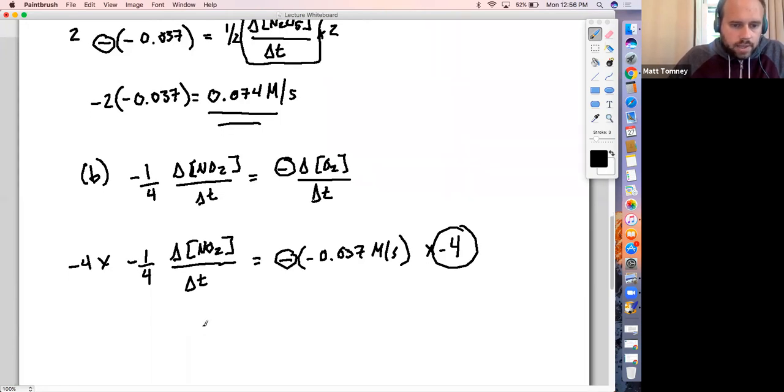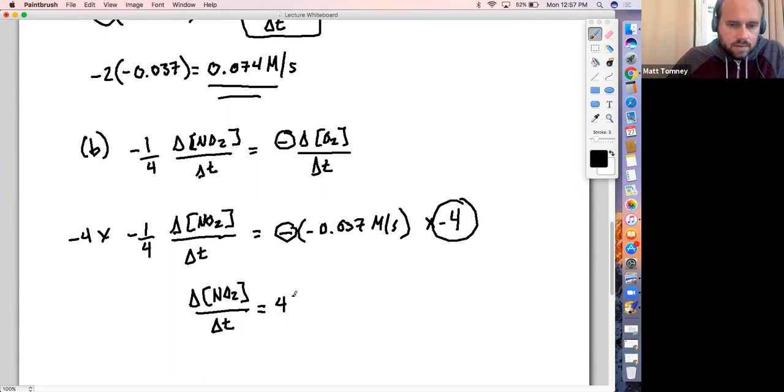So I'm going to rewrite this and say the rate of the nitrogen dioxide will be equal to a +4, because this negative and the negative from the other side that was brought over through multiplication of reciprocal makes it positive. And then I still have a negative inside of here due to the oxygen. Molarity per second.